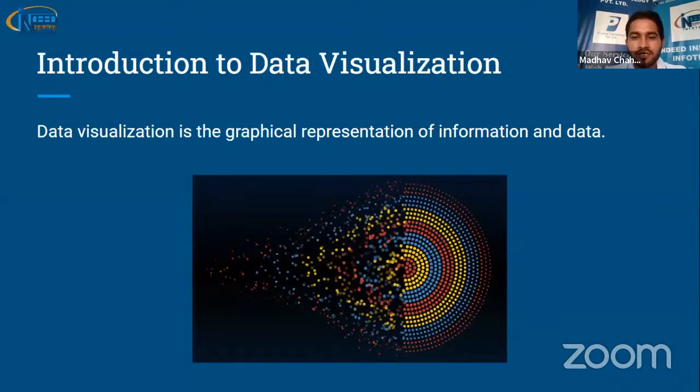So data is basically a singular entity which contains some information, but that is irrelevant without the information itself. Information is collectively a group of data which is carrying some logic and a meaning.